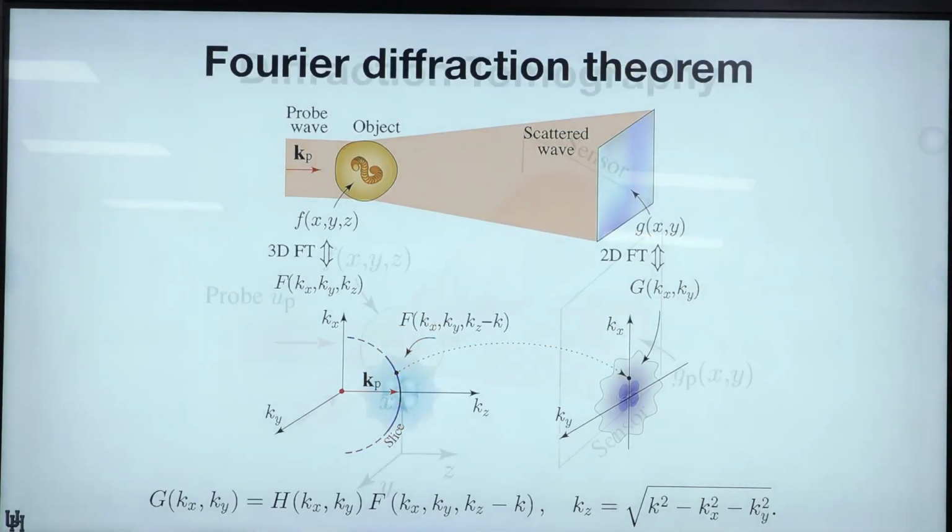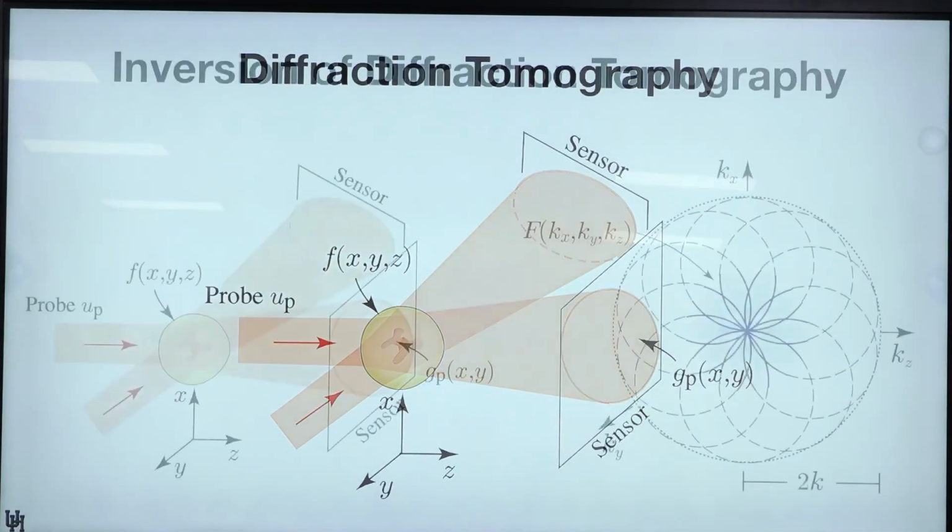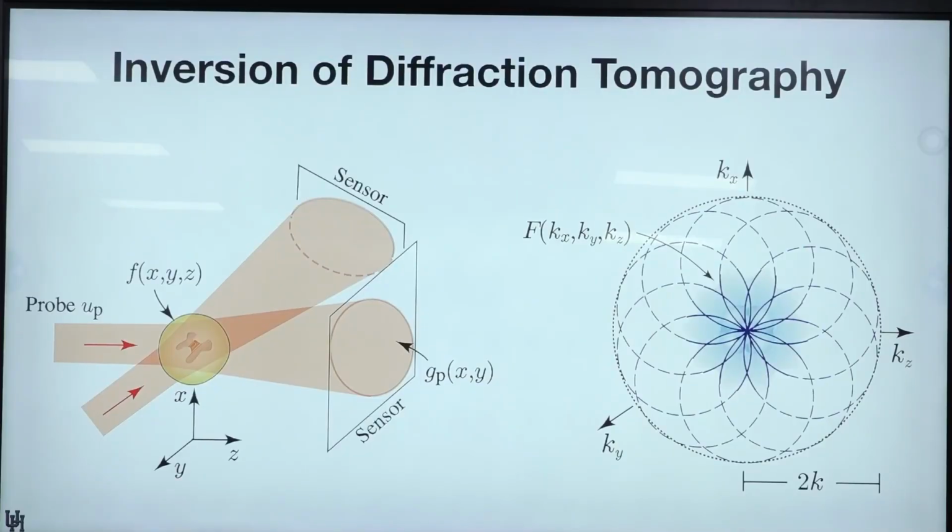Okay, and so this is what is shown. For one direction you get one measurement, another direction you get another measurement, and so on. So when you fill the space, you get something of this sort. Each of these curves is what you will measure. All these curves will fill the three-dimensional f_x, f_y, f_z space of the object, and these are surfaces.